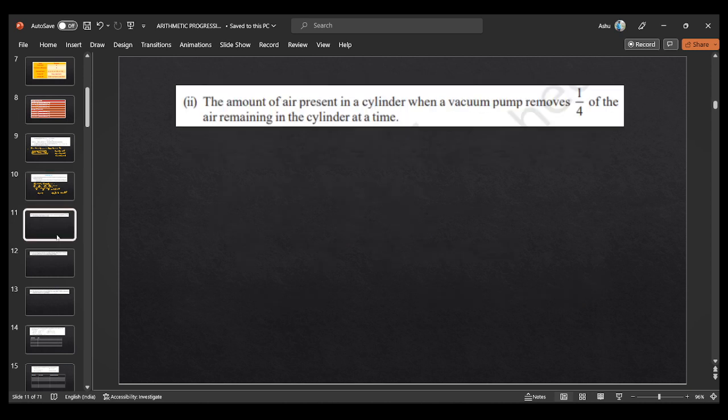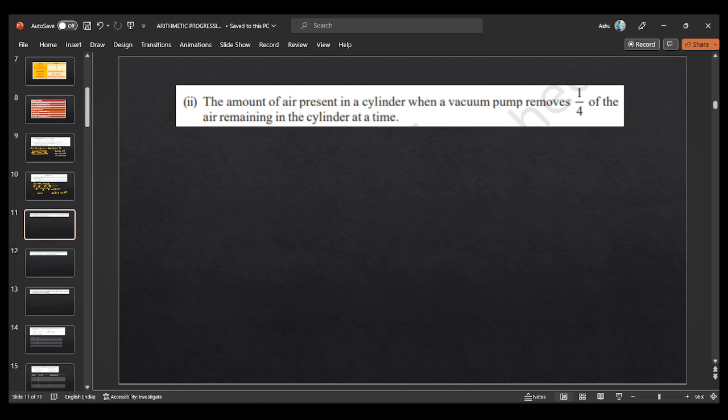Now the next question: the amount of air present in a cylinder when a vacuum pump removes 1/4 of the air remaining in the cylinder at a time. Clear?